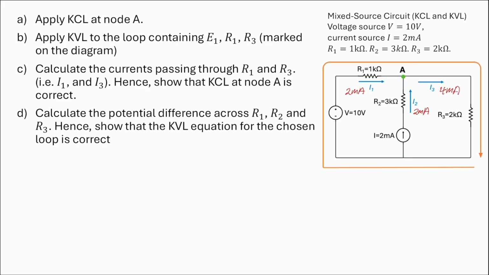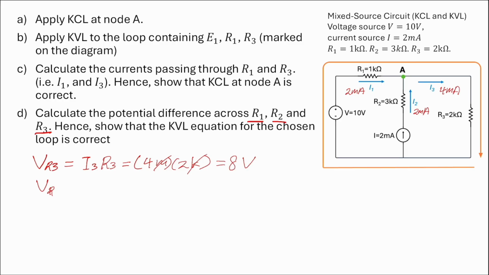Part D, calculate the voltage or potential difference across R1, R2, and R3. V R3 is I3 times R3, and this is 4m times 2k. Again, m and k will combine to become 1, so this is 8 volt.